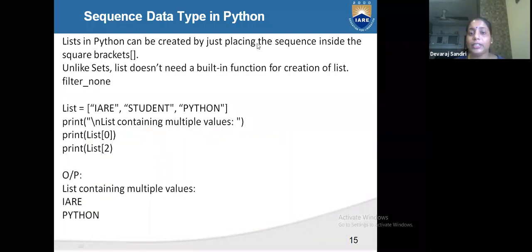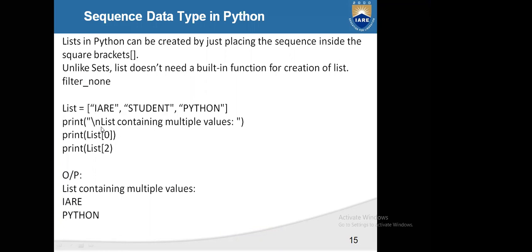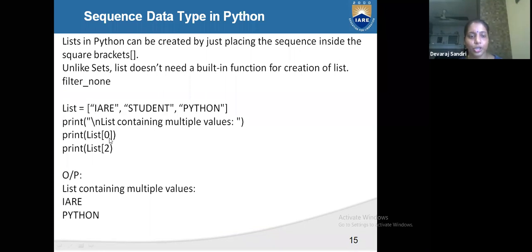See, a list in Python can be created by placing a sequence inside square brackets. Unlike sets, a list does not need a built-in function for creation. A list can have multiple values. If we write list of 0, what is list of 0? It is IARE.